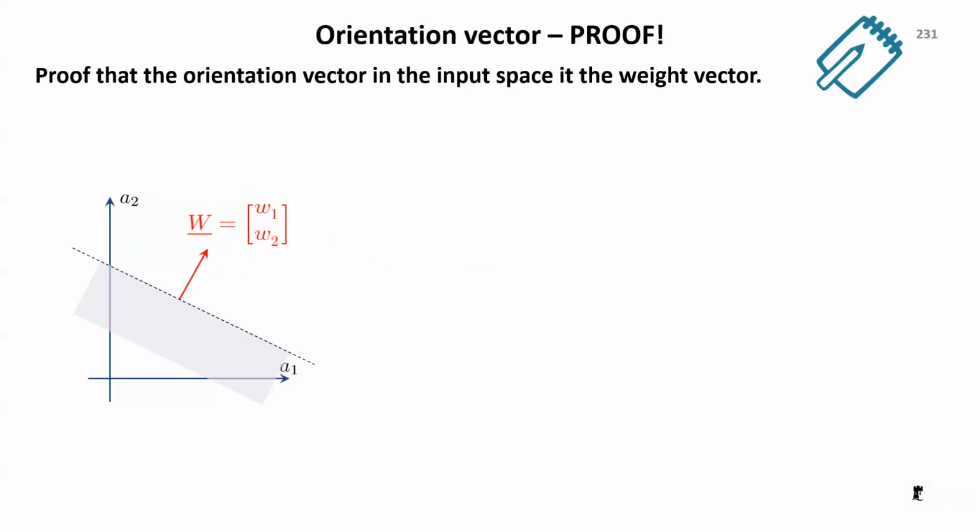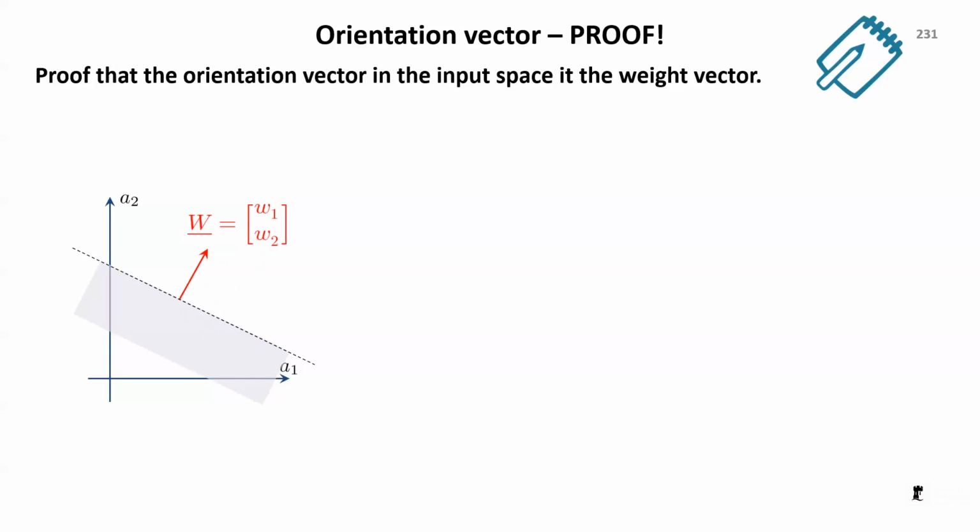If you have a discrimination line in two dimensions, in the input space, the normal vector is the orientation, and the orientation itself is the weight.